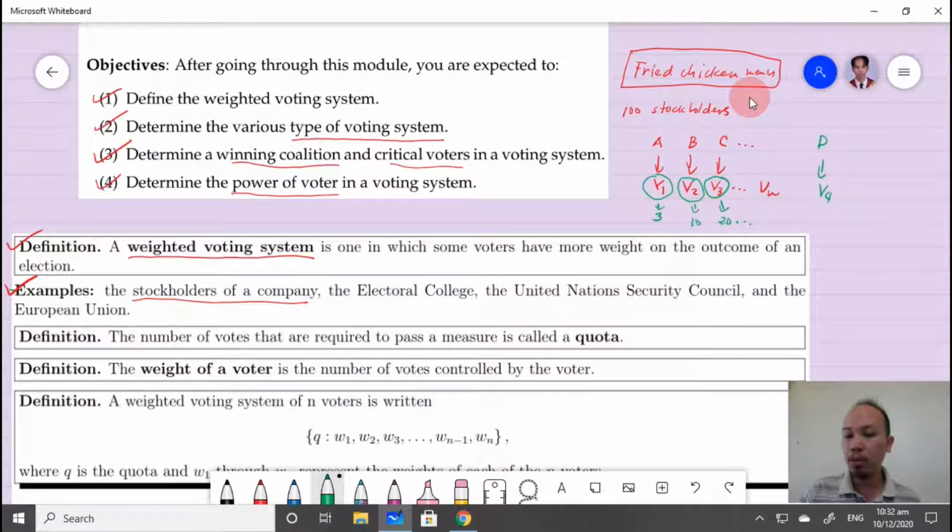We have, what if he has 67 shares? And let's try to reduce the stockholders to only 4 stockholders, meaning the owners of the Jollibee Corporation.